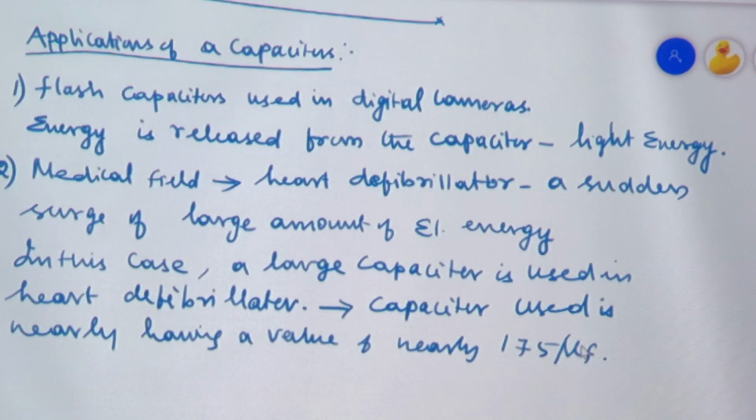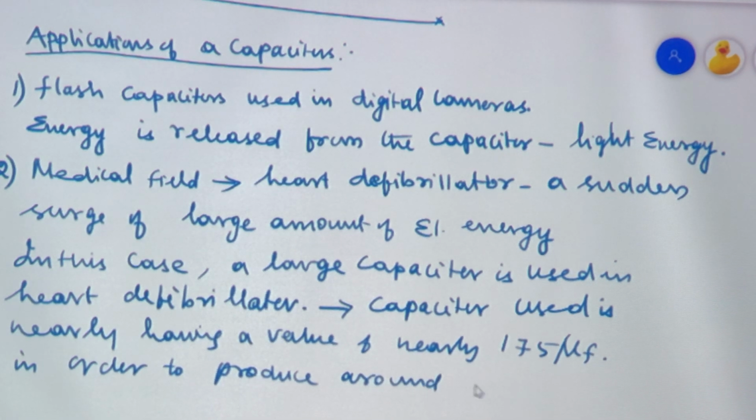In order to produce a very large voltage, to discharge around 200 volt, a potential difference of 200 volt is given out during the discharge of the capacitor.